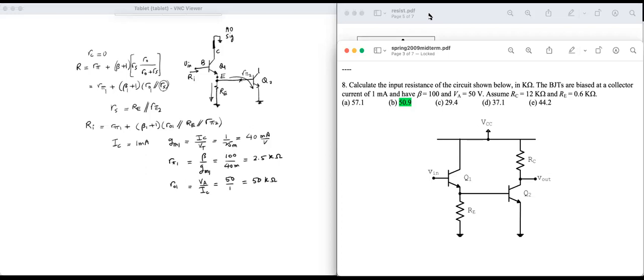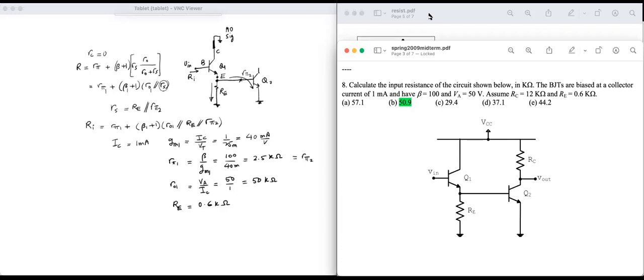What else do I need? RE is 12. I know RE is 12. No, excuse me, 0.6. And I still need R pi 2. R pi 2 would be the same as R pi 1 because they're biased at the same IC, and they have the same beta.